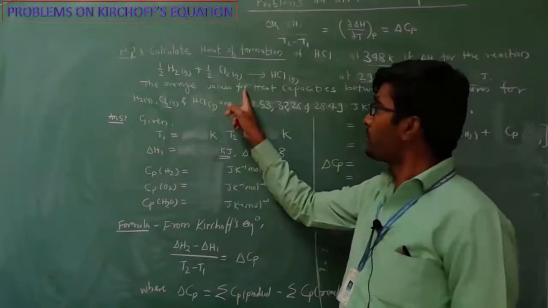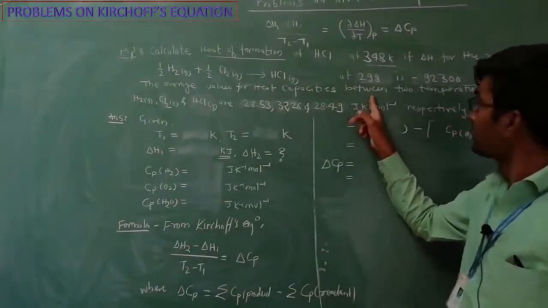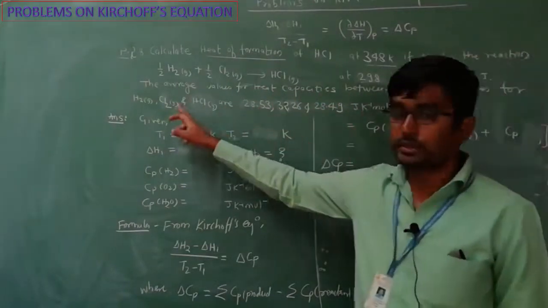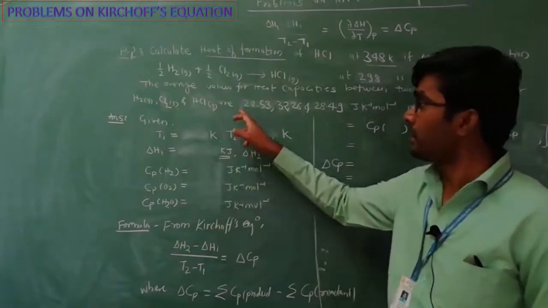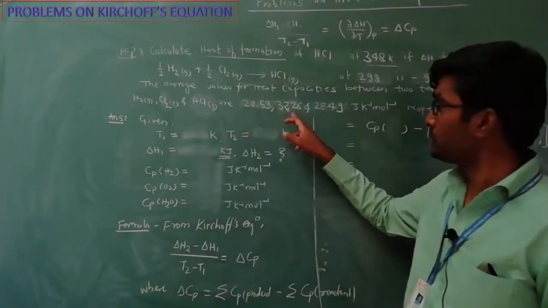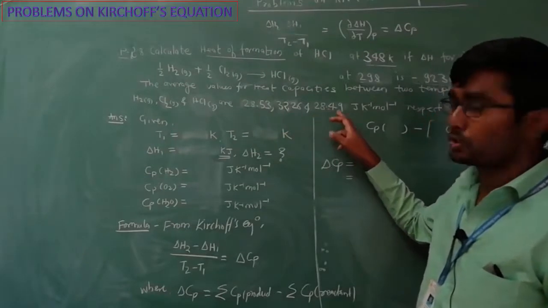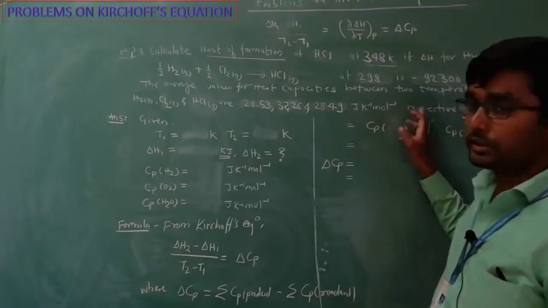The average values of heat capacity between the two temperatures for hydrogen, chlorine and HCl are 28.53, 32.26 and 28.49 joule per Kelvin per mole respectively.